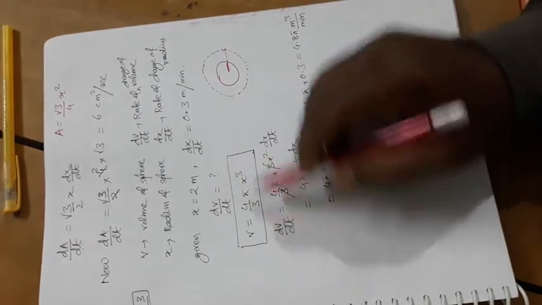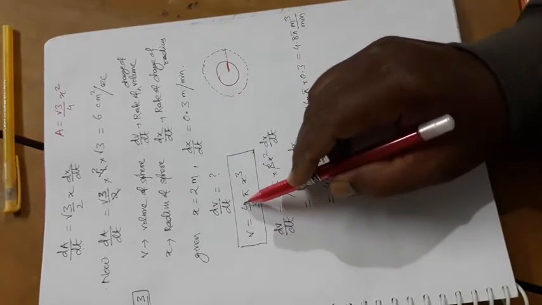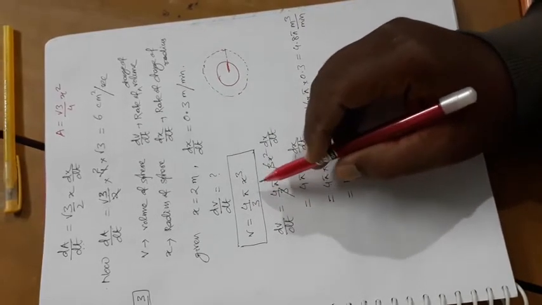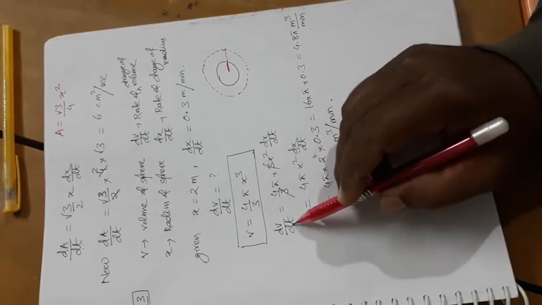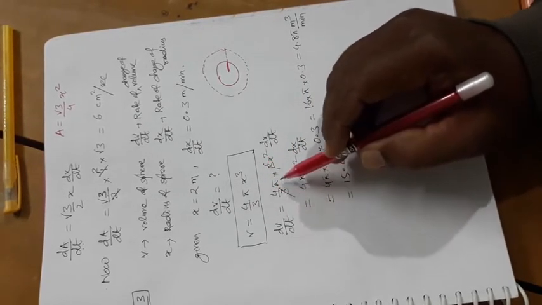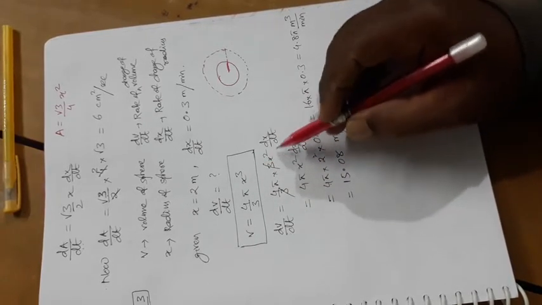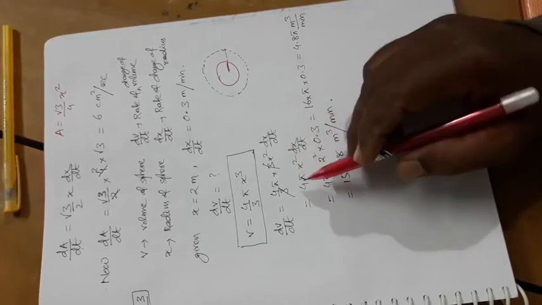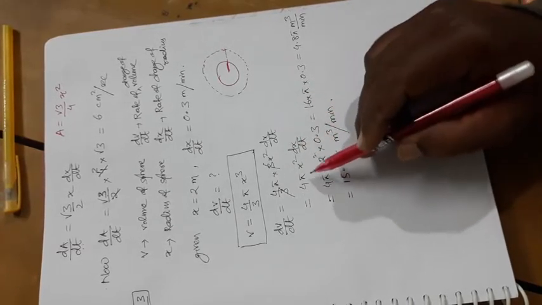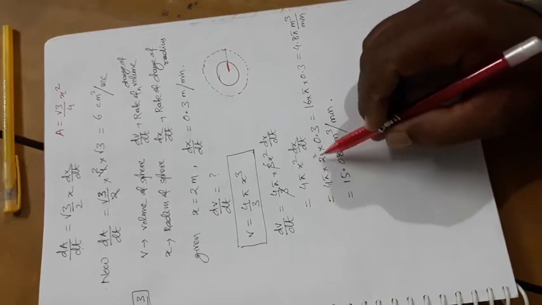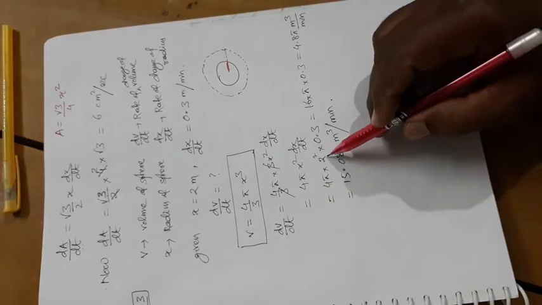We know the volume of the sphere is V equal to 4 by 3 pi x cube. So dV by dt is 4 by 3 pi into 3x square dx by dt. It is 4 pi x square dx by dt. Now you can put the value of x as 2.